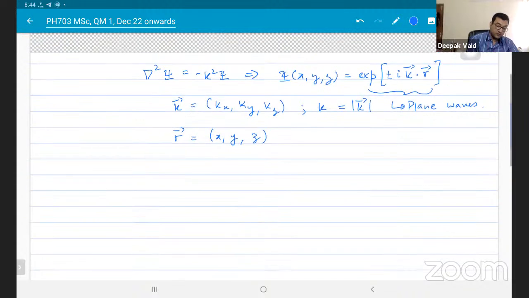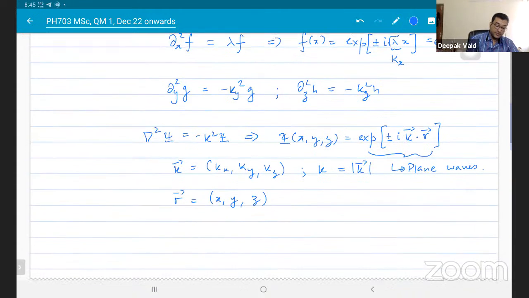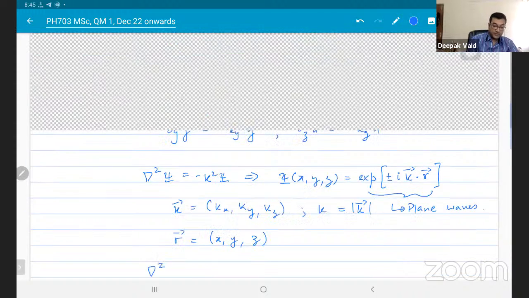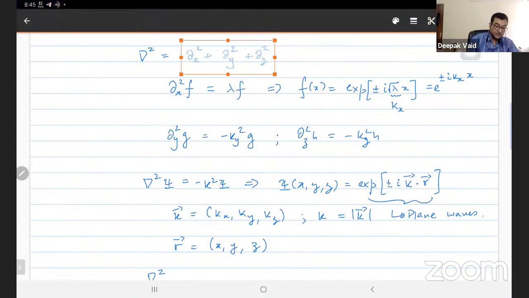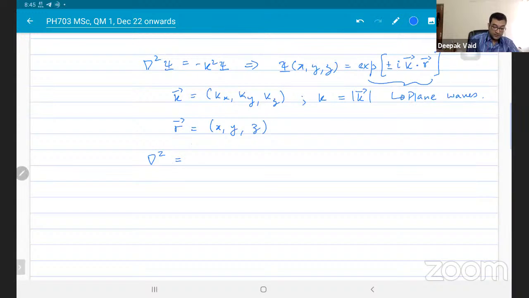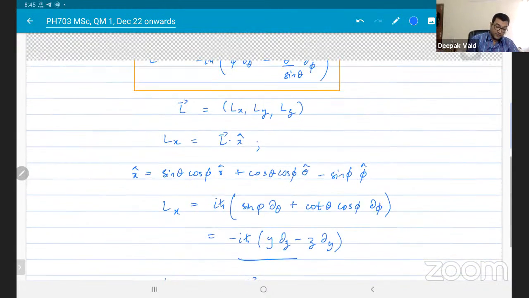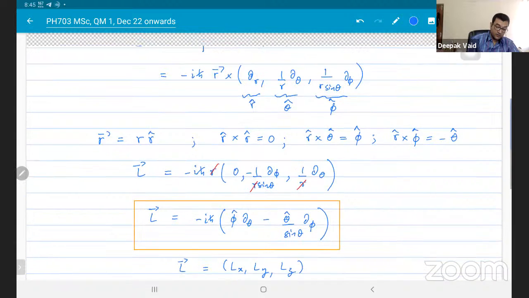Now, what about the Laplacian in spherical coordinates? The same thing, this Laplacian. What is this operator? We can write it as del dot del, the gradient dotted with itself. So what is the expression of this operator in spherical coordinates?